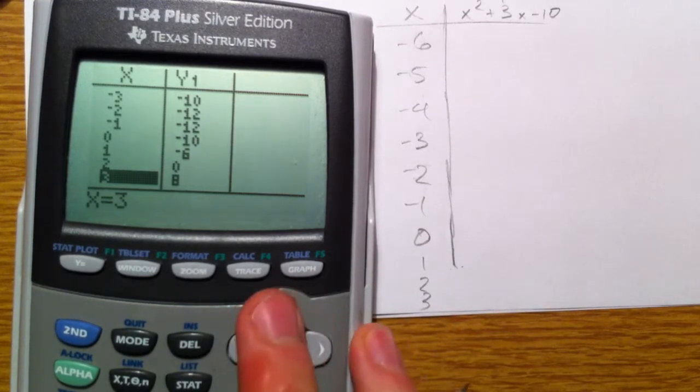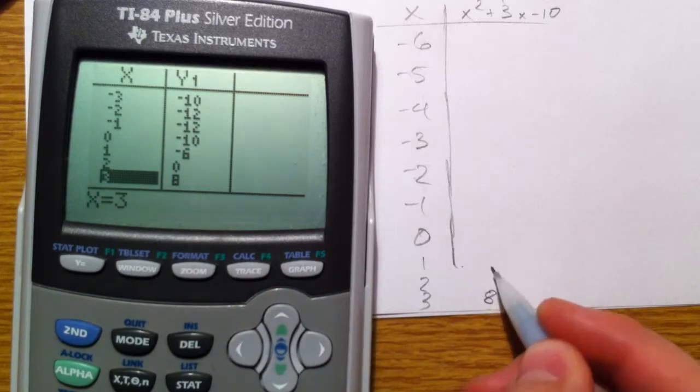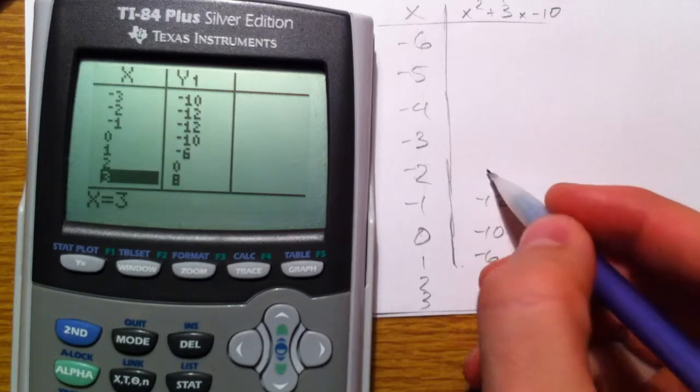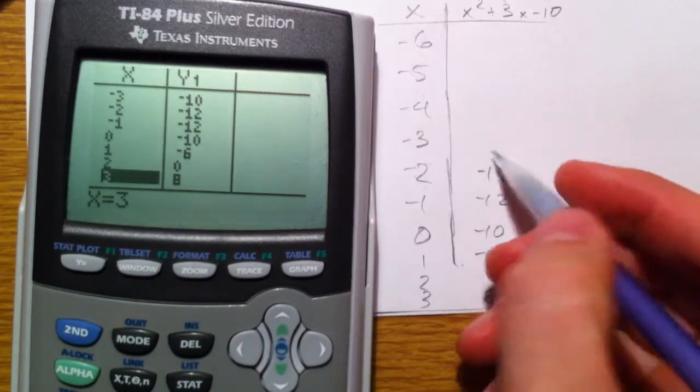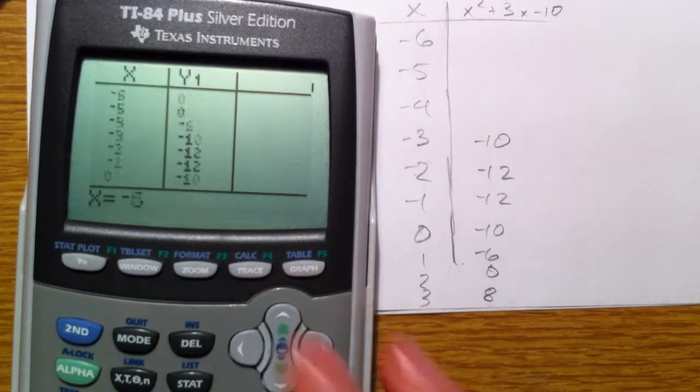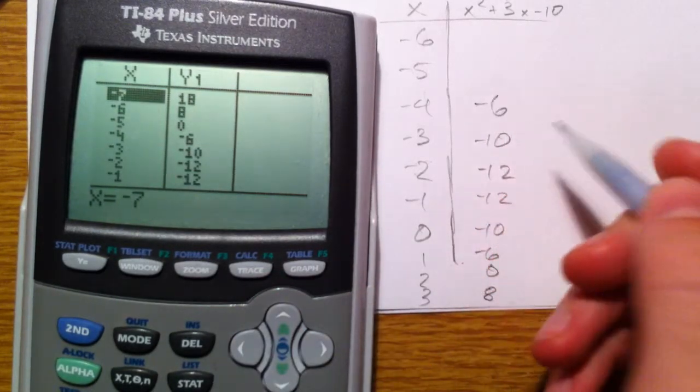So if you fill out your table, 3 is 8, 0, negative 6, negative 10, negative 12, negative 12, negative 10. Notice how it's symmetric too, as long as it's nice and pretty integer values.